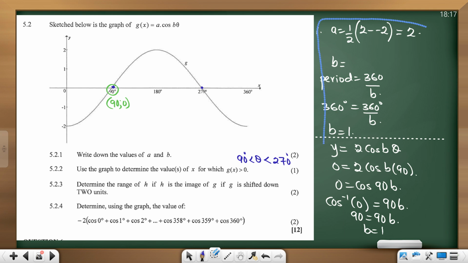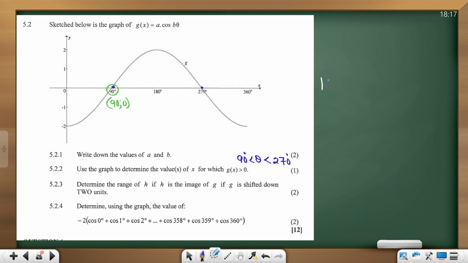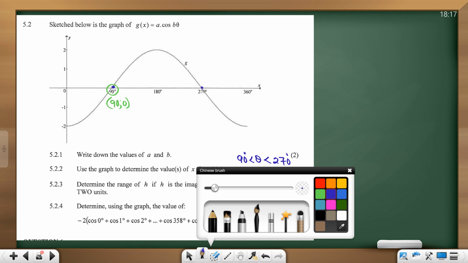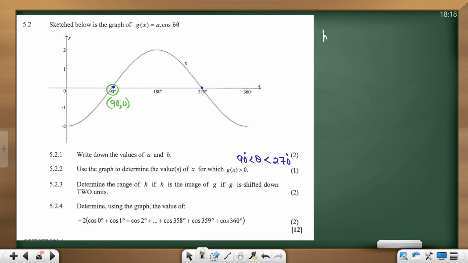Are we together? All right. So h of x. Remember our range is minimum less than y less than max. Before we go to h of x, what is our range for f of x?